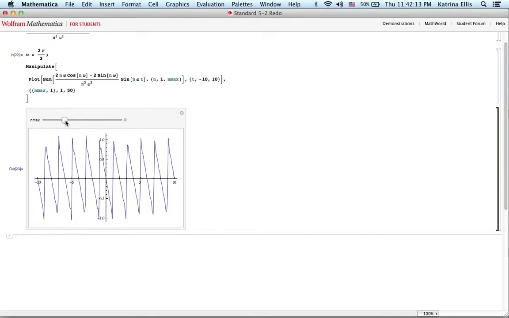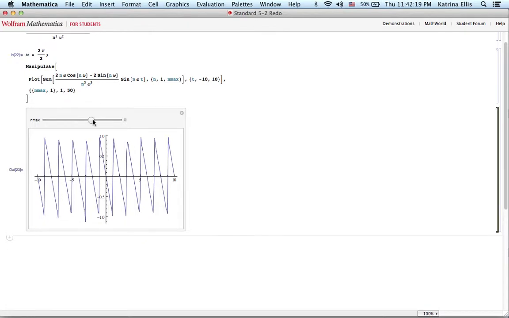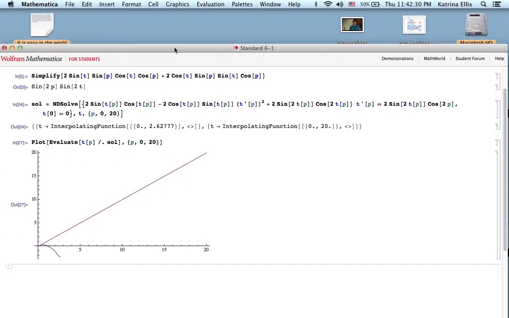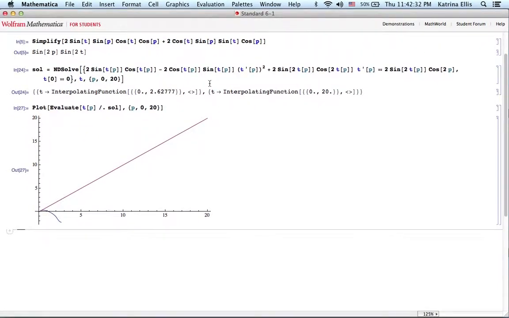It's almost there, I promise. There it is. It looks a lot more like what I started with, and it'll just keep looking like that as I increase n, and Mathematica decides to work for me. There you go.